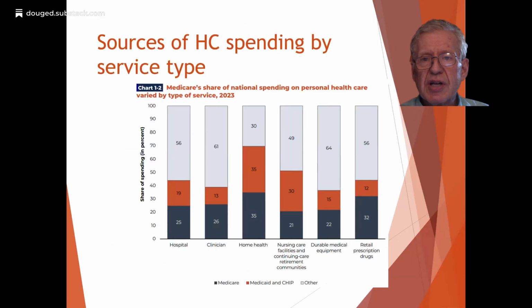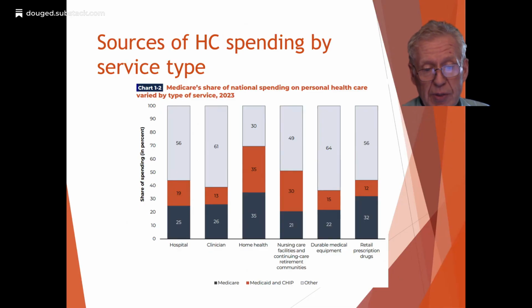Now, also from that same report, another interesting graph came up. It looks at Medicare's share of national spending on personal health care by type of service, again for 2023. So we can see here that the two big ones that stand out are home health and nursing care facilities and continuing care retirement communities. So this is interesting.